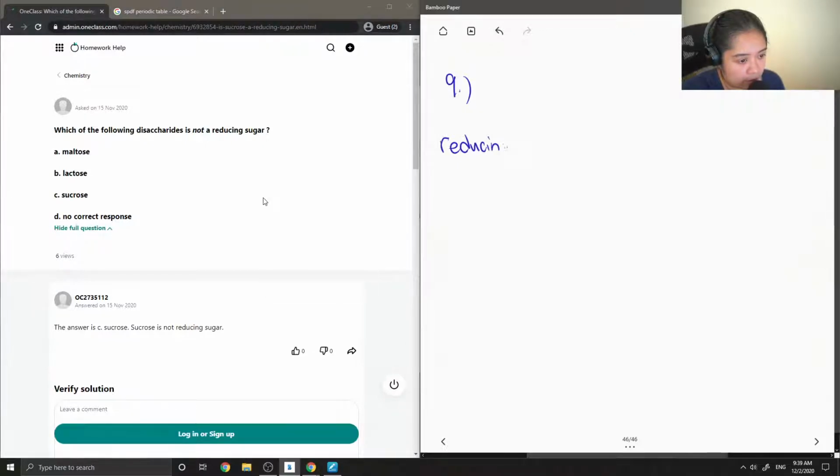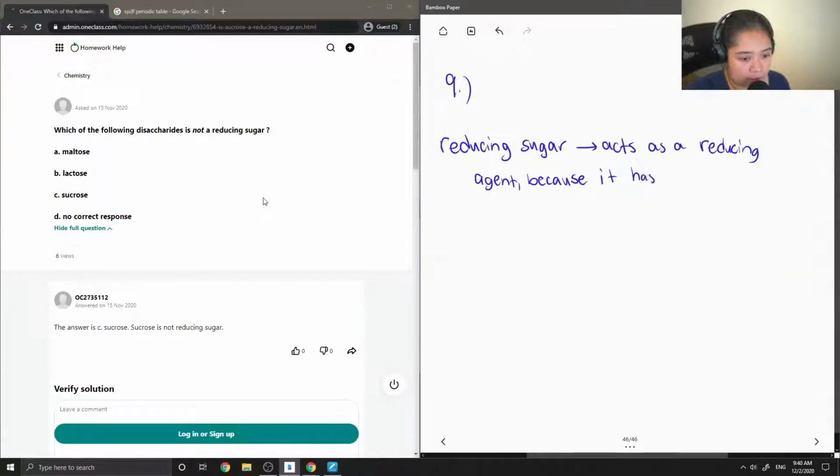So a reducing sugar acts as a reducing agent, and this is because it has a free aldehyde or free ketone group when it is in its linear form.